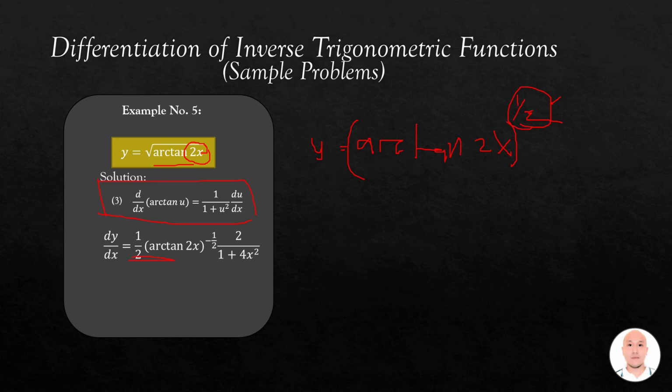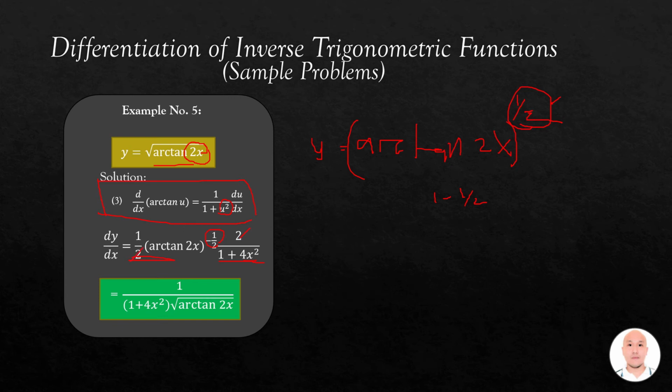Then arctan 2x raised to 1/2 minus 1, so it becomes negative 1/2, times d over dx, so 2 over 1 plus our u here is 2x, so u squared is 4x squared, and then our final answer is 1 over 1 plus 4x squared times the square root of arctan 2x, so the 2 here will cancel.